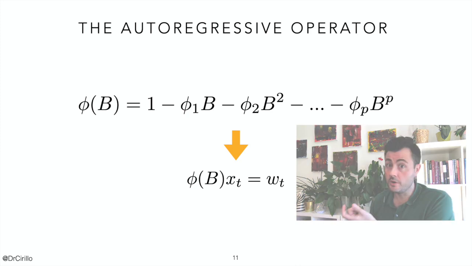A time series xt in which the value of xt only depends on past observations, so xt minus 1, minus 2, up to minus p, is called a causal autoregressive process. Causality is extremely important in time series.